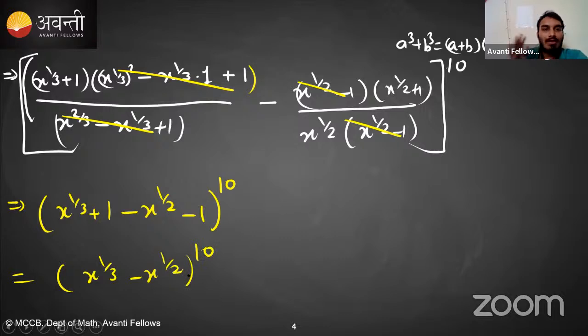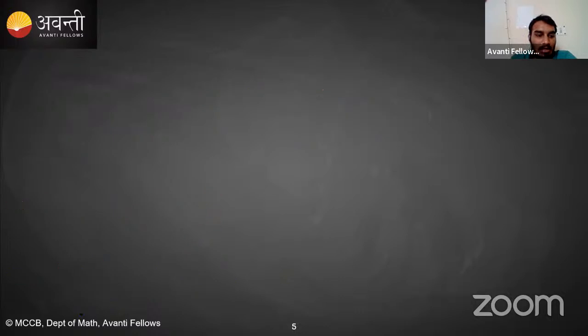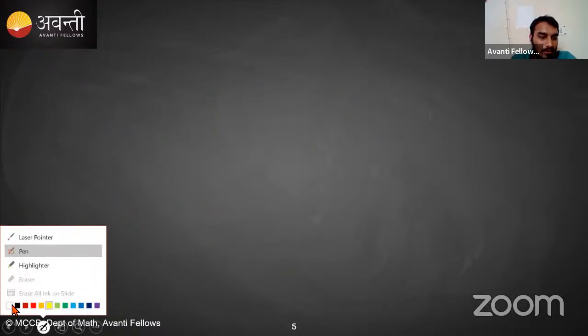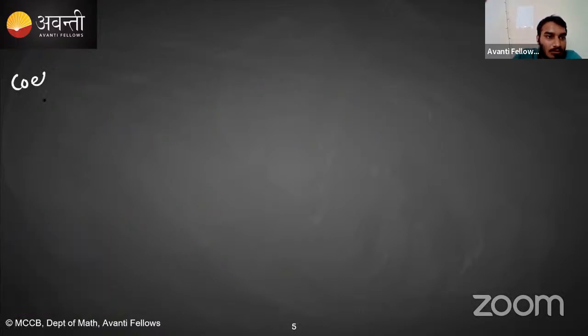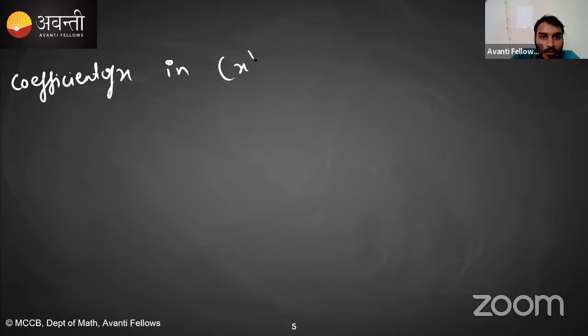So now the question is reduced to finding the term independent of x in this expression, isn't it? Right? So now we have to find the coefficient of x raised to the power 0 in (x raised to the power 1 by 3 minus x raised to the power 1 by 2) whole raised to the power 10.